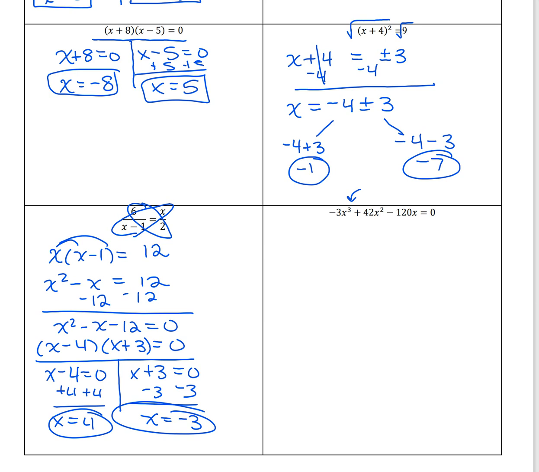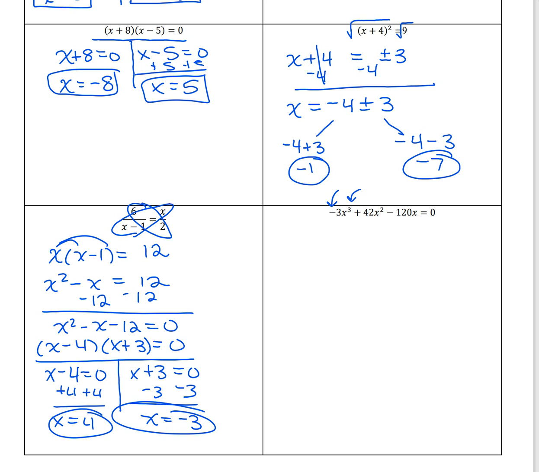But from here, I also see that my leading coefficient is a negative. Now when I see that it's a negative, I need to pull out a negative GCF in order to make that x to the third become a positive x squared.